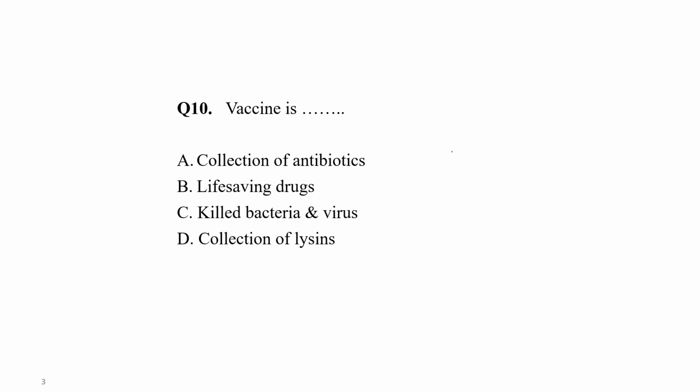Next, vaccine is a collection of antibodies, life-saving drugs, killed bacteria or virus, or a collection of lysins. A very good question and very important question as well. What is vaccine?